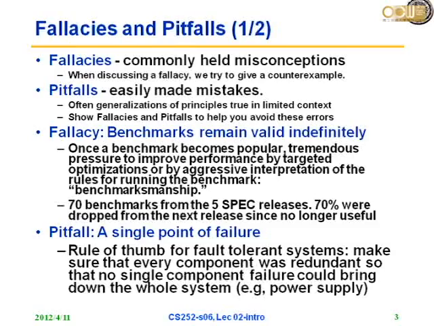So once a benchmark becomes popular, there is tremendous pressure to improve performance by targeted optimizations or by aggressive interpretation of the rules for running the benchmarks. So you can do all kinds of tricks to just run these benchmark programs well and not care about anything else.